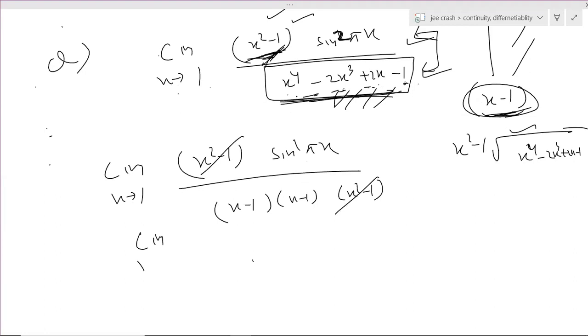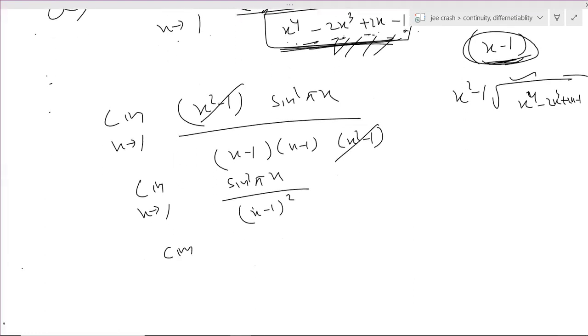Now what we have, limit x tending to 1 sine square pi x upon (x minus 1) whole square. All right. So now what we can do is, I can write this as sine of pi minus theta. Yes or no?